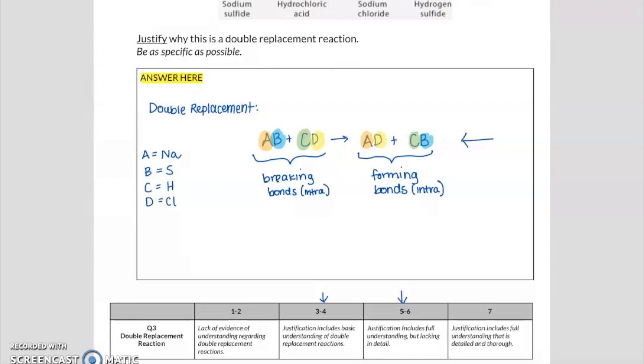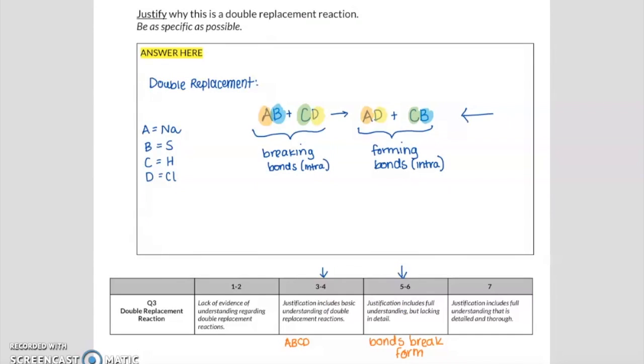You'll notice that the highest category here, though, is to earn a 7. To earn that 7, you really need to be zooming in on the forming of bonds over here and talking about which atoms can form bonds with which other atoms. And this is where a recognition of positive and negative ions really comes into play.